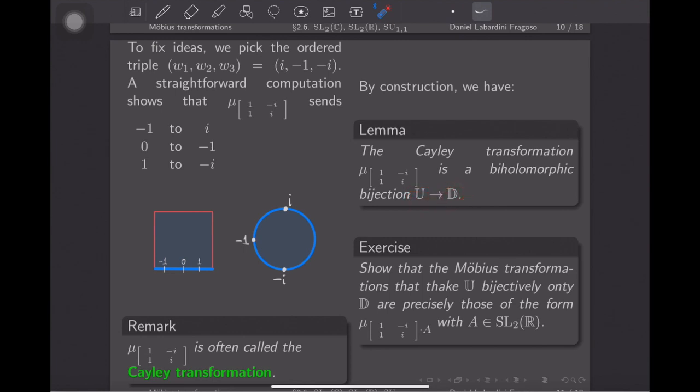So I know that the subgroup of Mob C bar consisting of the Möbius transformations that preserve U bijectively and the group of Mob C bar consisting of the Möbius transformations that preserve D bijectively, those two subgroups are conjugate in Mob C bar.